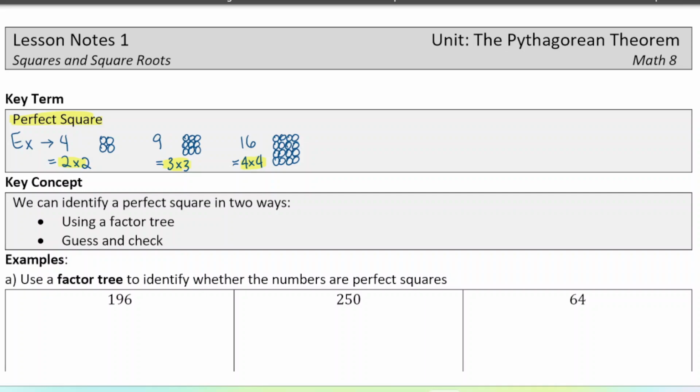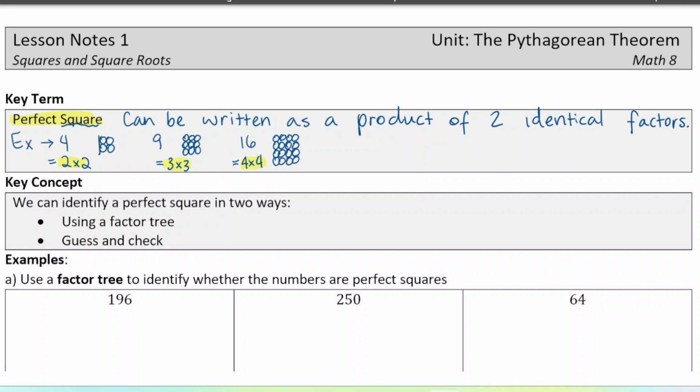So perfect squares can be written as a product of 2 identical numbers, or factors, I'll say. Also, we call it square because it's literally in the shape of a square; you can arrange these numbers into squares.